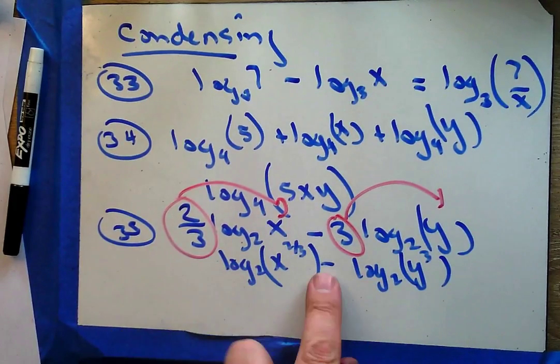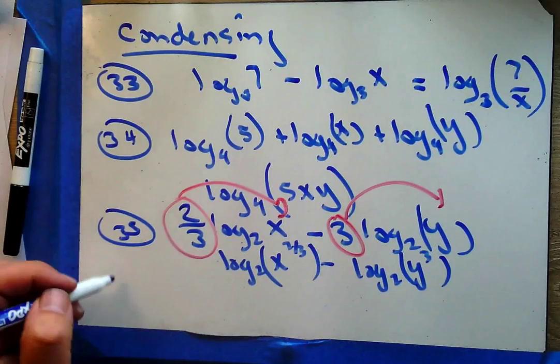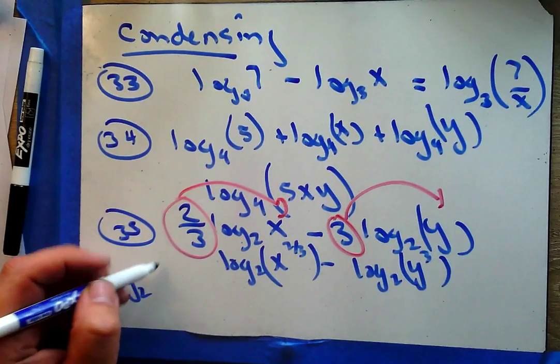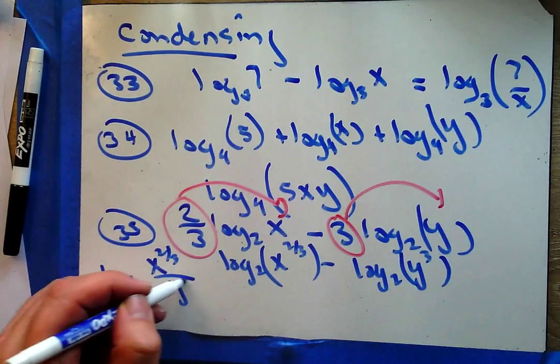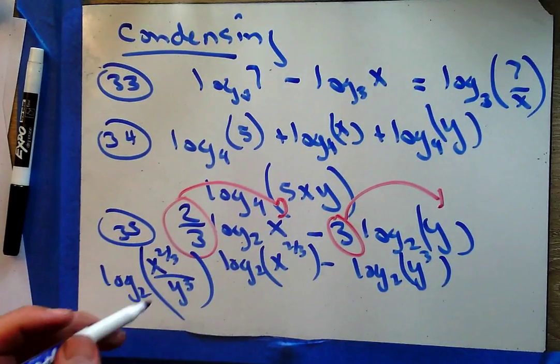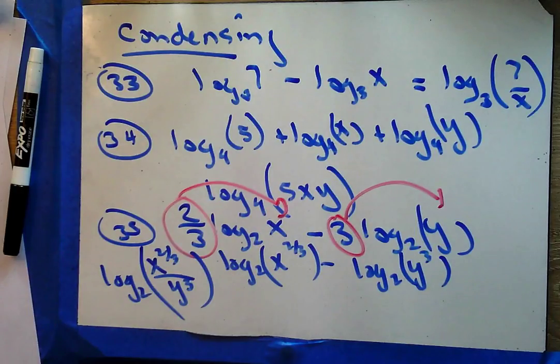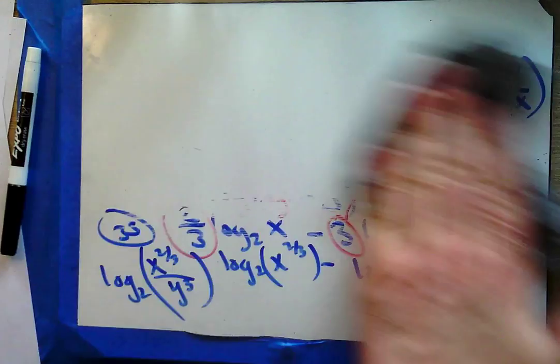Two logs joined with subtraction allows me to write this as log base 2 of x to the 2/3 over y to the 3rd. Okay, there's 35. So next, what are we doing?